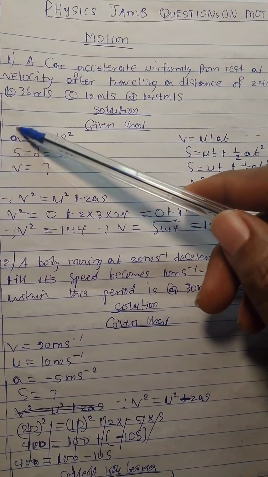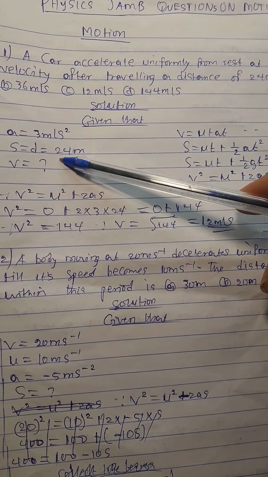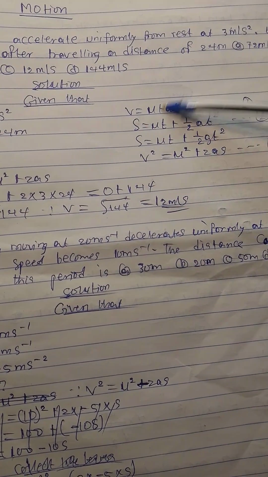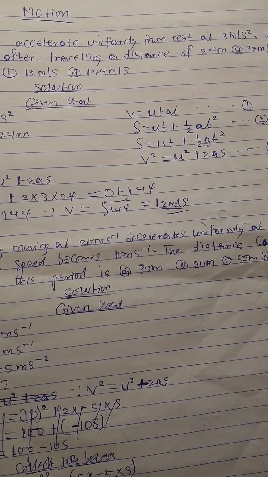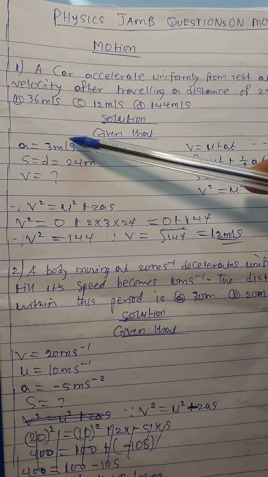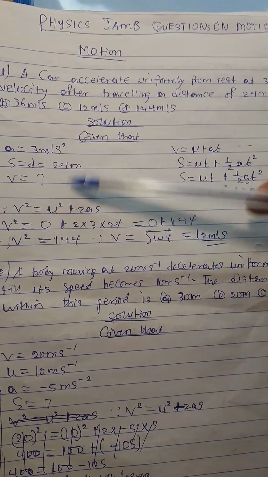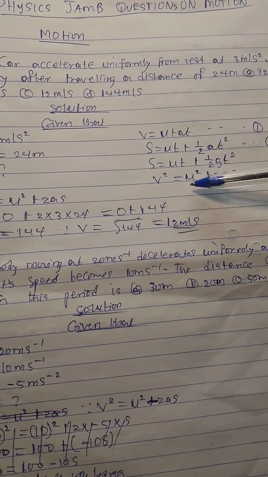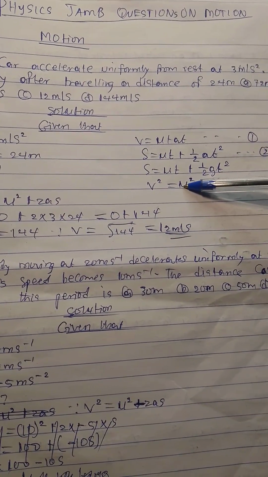Since we have acceleration and we have distance, where s is your distance, we have to find the final velocity, and the initial velocity is known. So what do you do?